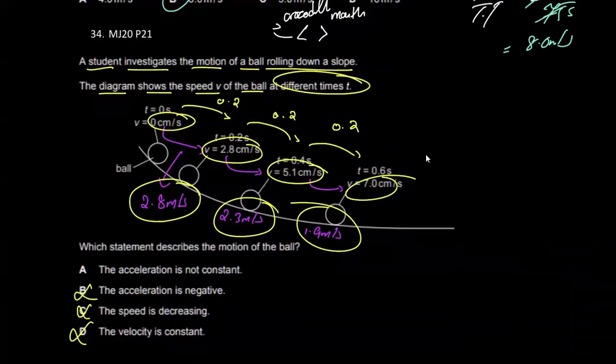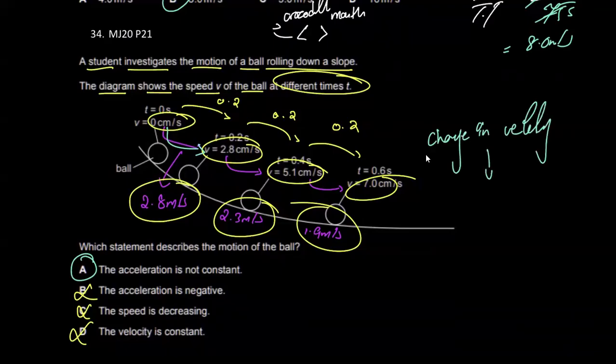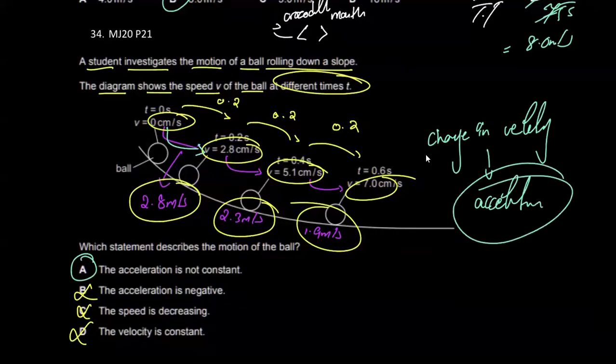The answer is A. The acceleration is not constant. What is this change in velocity called? Whenever I say change in velocity, what do I mean? बताएं? It means acceleration. Why do you guys forget? Acceleration is not constant.